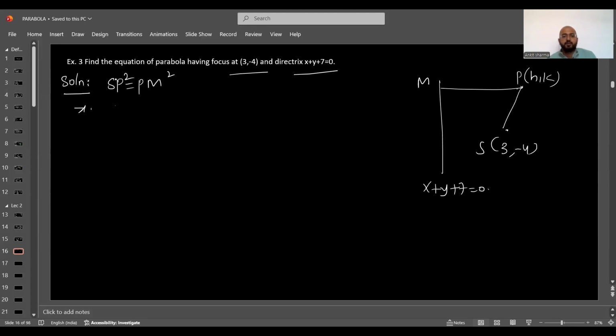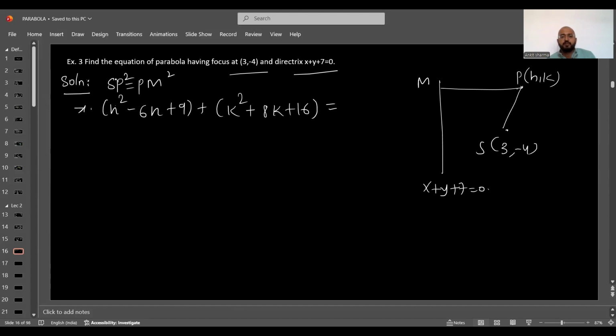So SP is going to be what? h square minus 6h plus 9, plus for this term I'm going to have k square plus 8k plus 16 from (k plus 4) square, equal to PM square, which means the distance of this point.